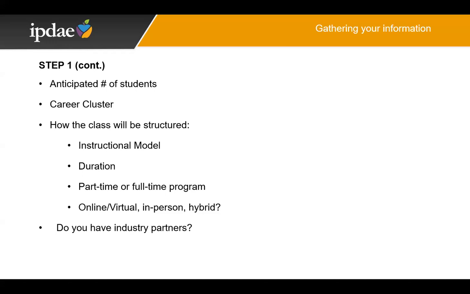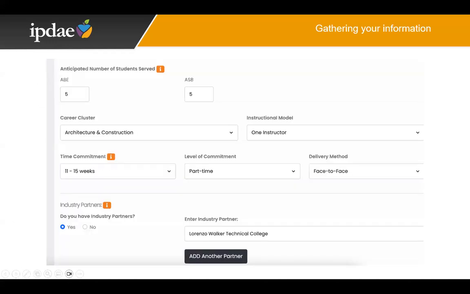Do you have one instructor? Do you have two? The duration of the class, how long will each IET class last? Whether it is part-time, full-time, and whether it is online/virtual, in person, or a hybrid of the two? And then finally, you'll need to be able to not only answer if you have industry partners, but be ready to name them. So let me show you so this makes more sense.